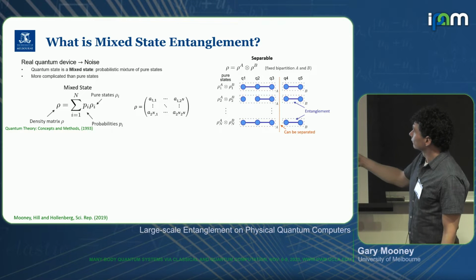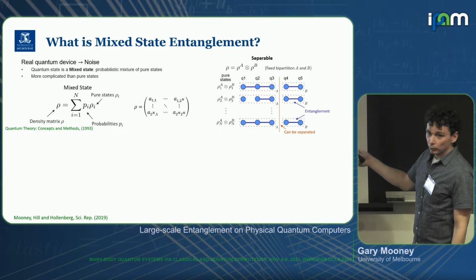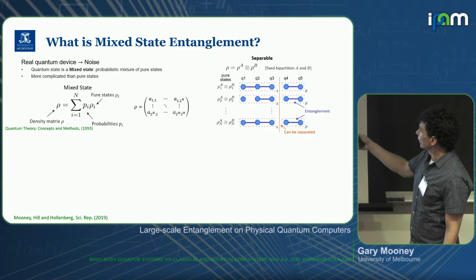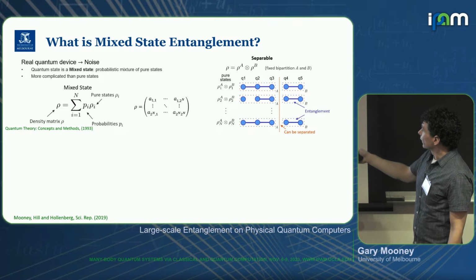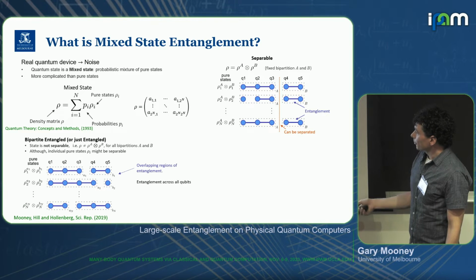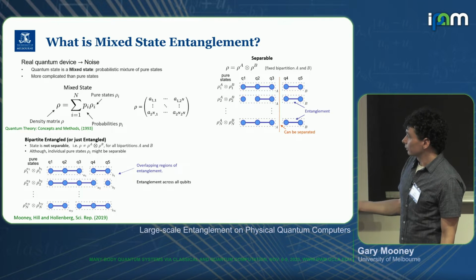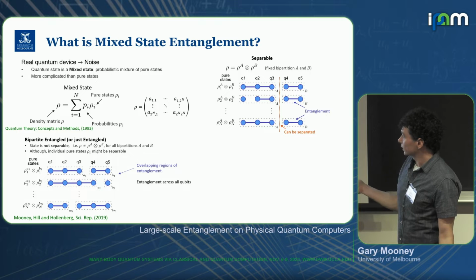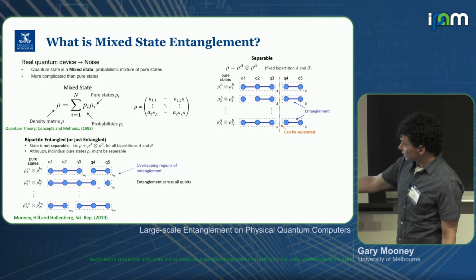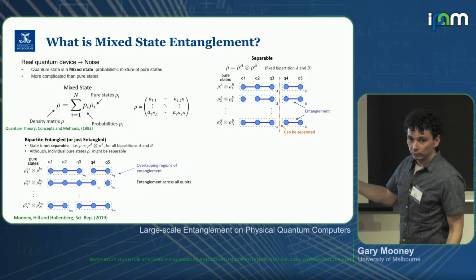If we can list out these pure states, we can define separable as being that we can find a bipartition along which we can separate all of them. We'll define bipartite entangled as not separable, essentially. This means that if we look at these pure states, there are overlapping regions of entanglement among them.